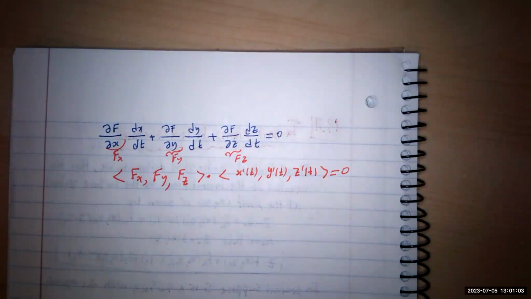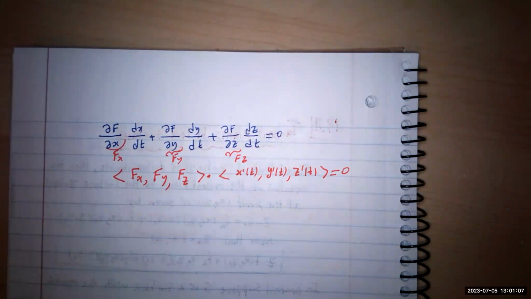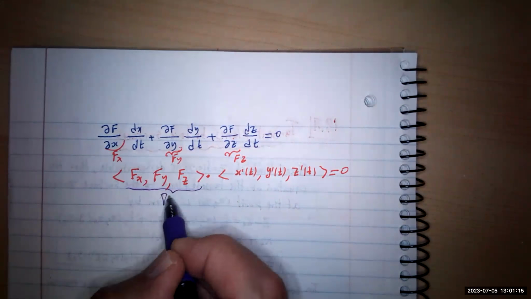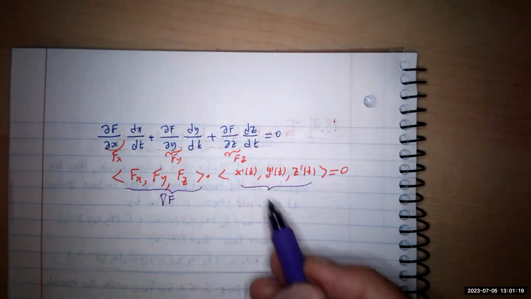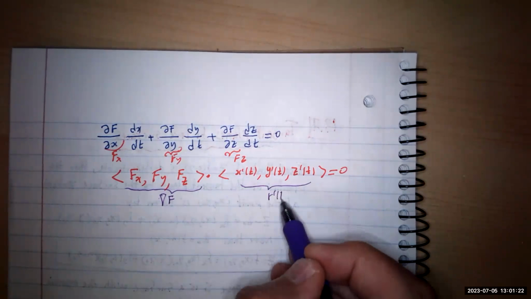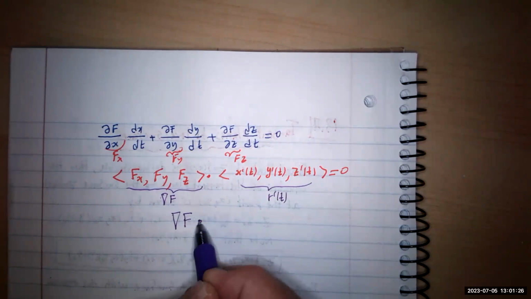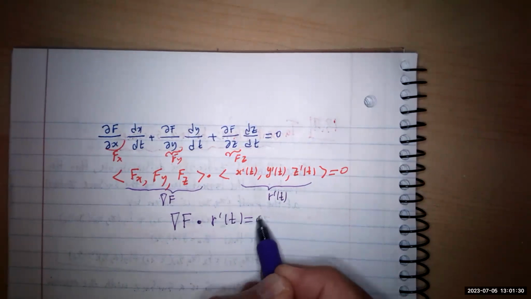This is going to be simply the gradient of f. And remember the equation of the curve was r, so this gives you the gradient of f dot r prime of t equal to 0.